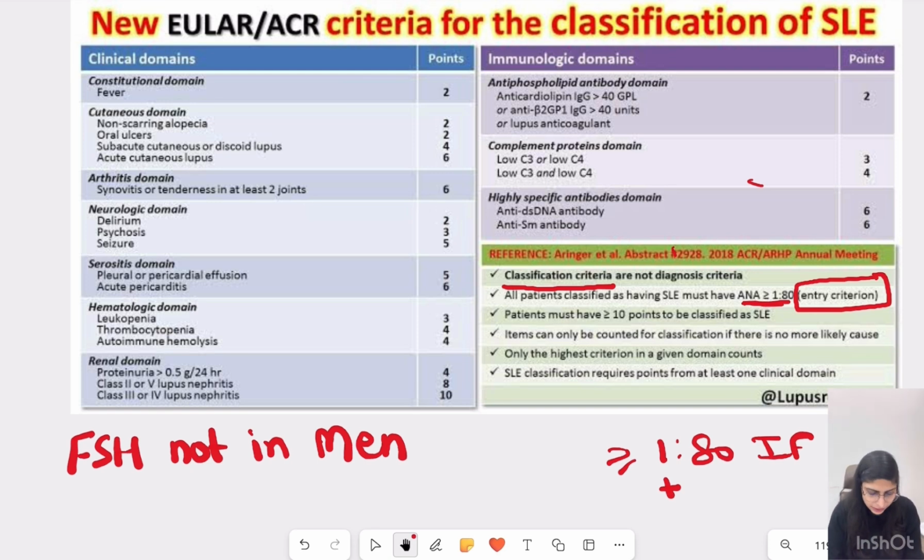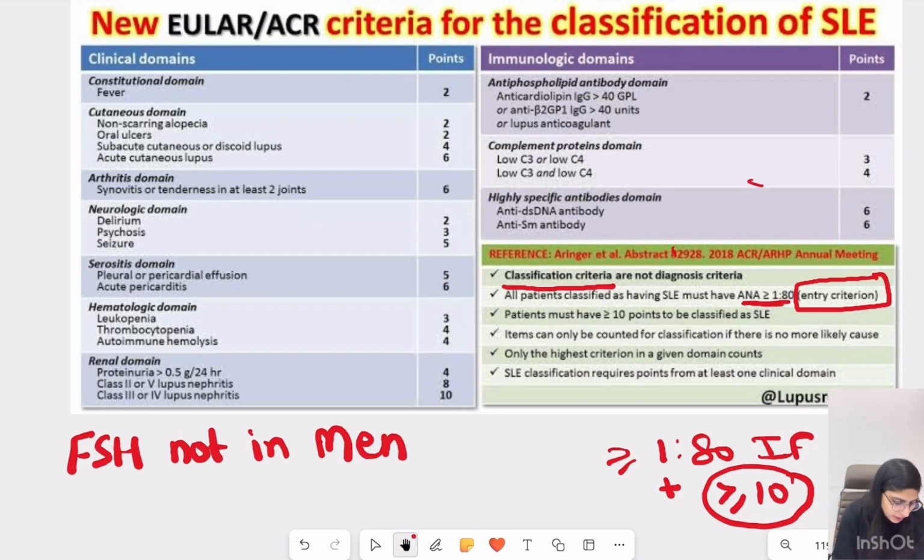If the points add up to 10, and the patient is having ANA positive more than or equal to 1:80 by immunofluorescence method, the patient becomes an SLE patient. Patient is classified as a definite SLE. Right? If there are few features, less than 10 points, and ANA more than or equal to 1:80, then the patient becomes a possible SLE patient.